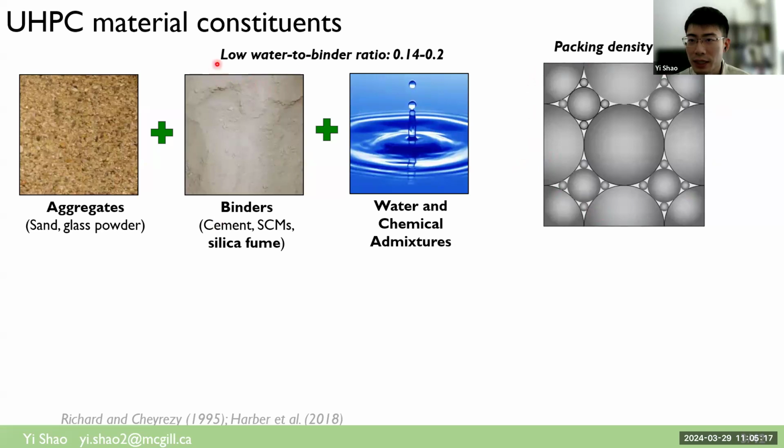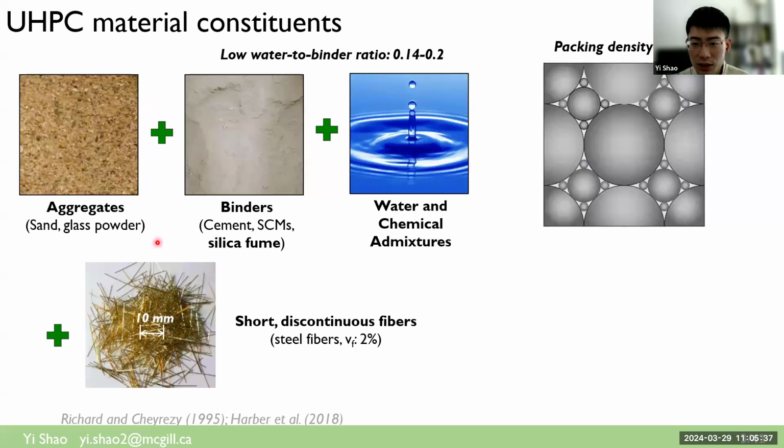And the third biggest difference is that people are using a very low water to binder ratio in UHPC in order to minimize hydrated water and the resulting pores, which also minimizes the porosity. Those are the three key differences between UHPC material design and traditional concrete material design.